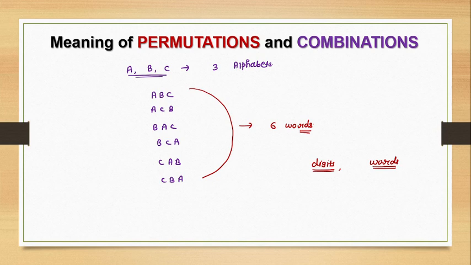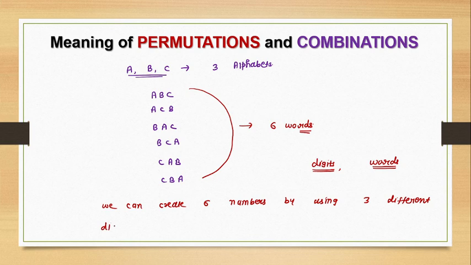These are called permutations. We can create 6 numbers by using three different digits. These 6 numbers are called permutations. Now I tell you the meaning, the definition of permutation.